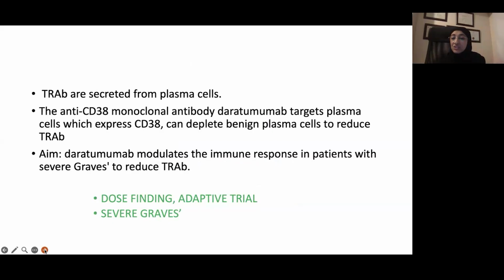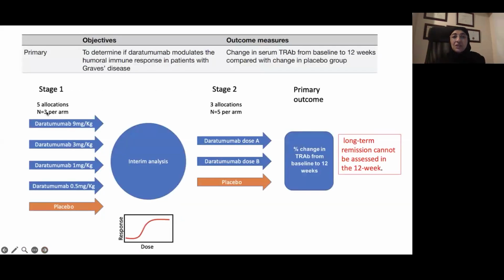But patients in this study had to have severe Graves' disease. The aim was to find the appropriate dose for the patients. The primary outcome was to see a change in the serum TRAb from baseline and up to 12 weeks compared with the placebo arm.